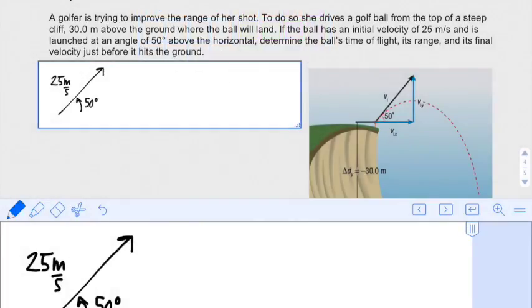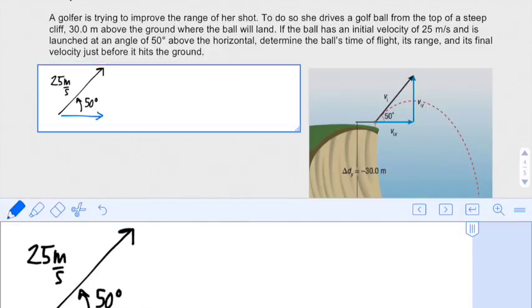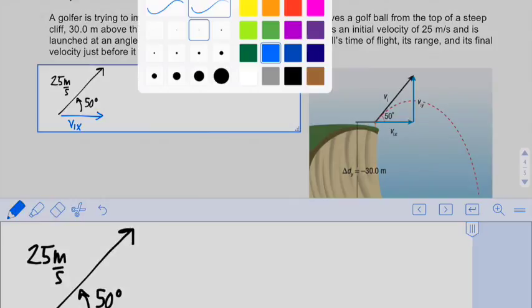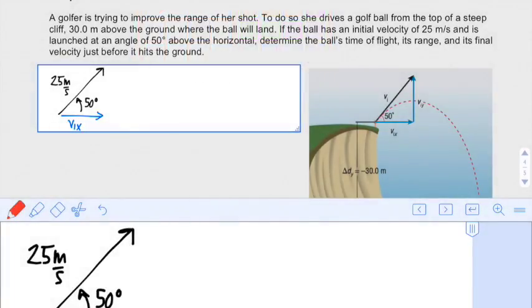The x component of this velocity would be this component vector, which we will call Vix, and the y component of the velocity will be this component vector we call Viy.